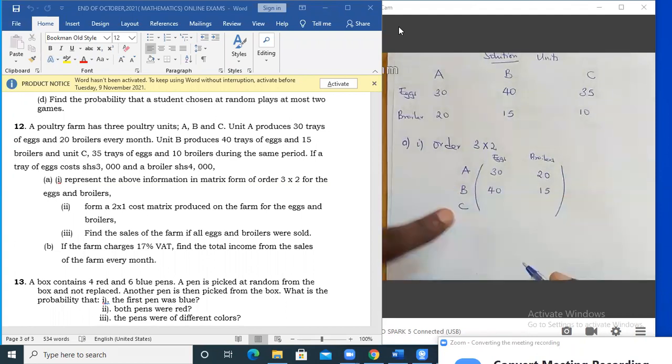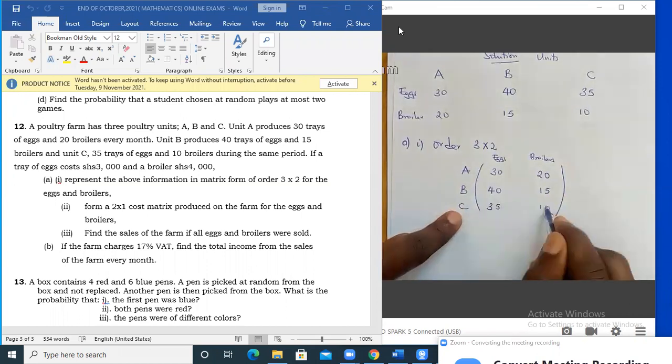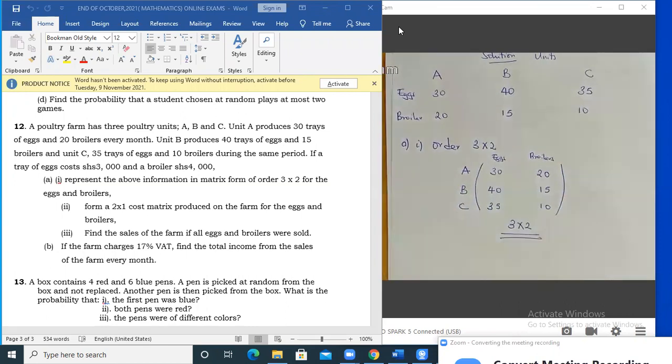What about C? 35 and 10. Yes, this is a 3 by 2 matrix, full stop. That's all, that is what they want. We have formed it.